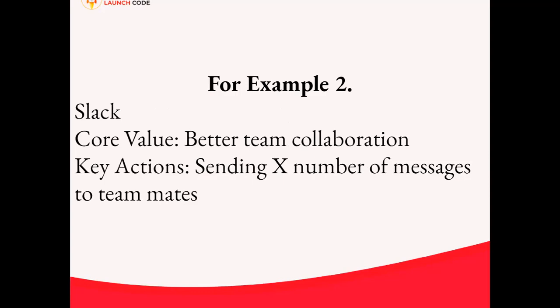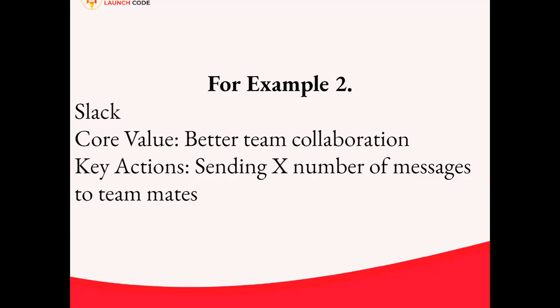Another great example is Slack. Slack is a team collaboration tool that helps team members communicate seamlessly. So their core value is to give its users better team collaboration. And the only way you can experience that team collaboration is if you're able to send a certain number of messages to your teammates using Slack.